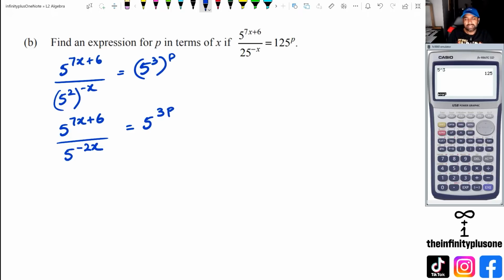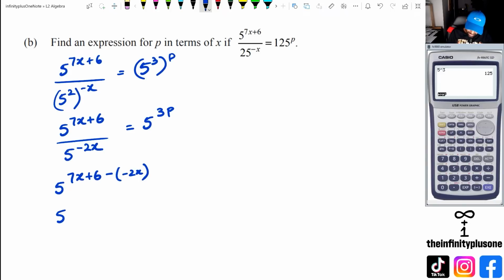Now the next thing is, you've got to subtract those powers, right? Because the bases are the same. So I'm going to write this as 5 to the power of 7x plus 6 minus negative 2x. Because remember, you're actually subtracting the power when the power is in the denominator.